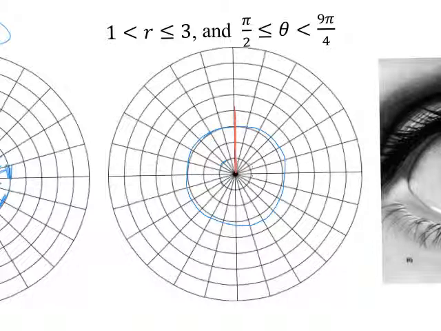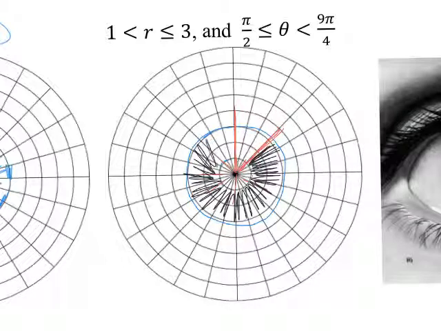We got 1, 2, 3, 4, 5, 6, 7, 8, 9 pi fourths. All right, so there we go. Let's color in the region between 2 and 3. Right, like that. So again, solid on the outside, dashed on the inside.